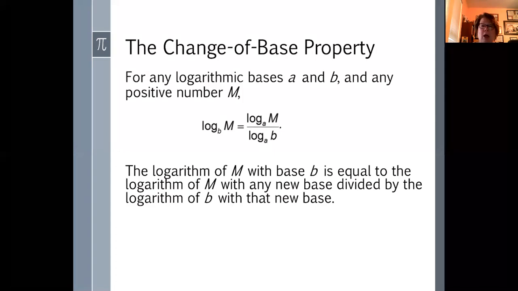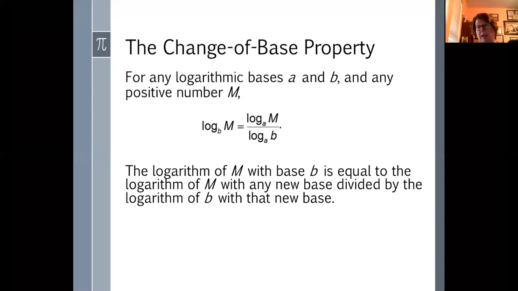For any logarithmic bases A and B and any positive number m, the log base B of m is equivalent to the log base A of m divided by the log base A of B. So you can find the logarithm of any base by taking the log of m divided by the log of the base.